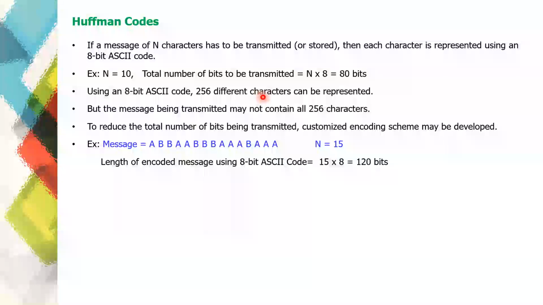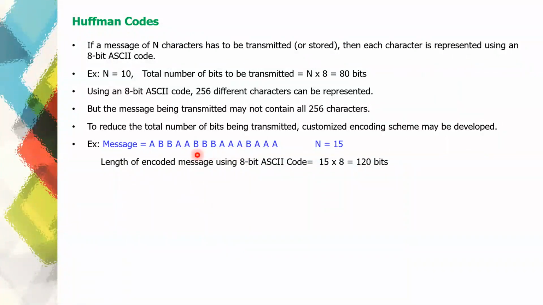These 256 different characters contain lowercase alphabets, uppercase alphabets, digits, symbols like plus, minus, control characters like control, shift, alt, and so on. You might not be using all the 256 characters in your message.